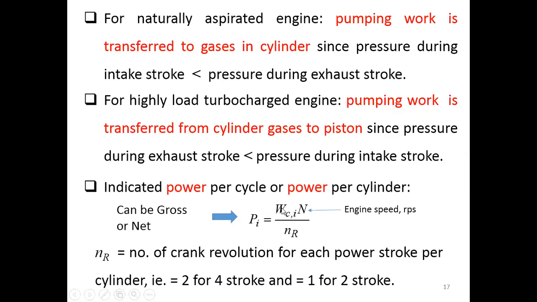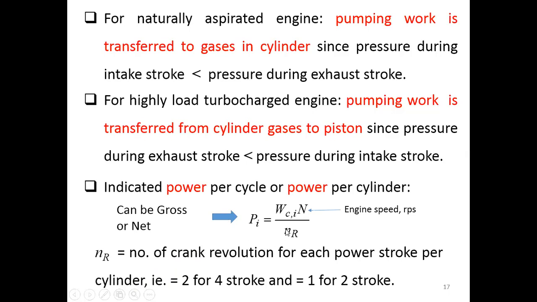This work has to be multiplied by the engine speed, in the unit of RPS, and divided by N sub R. What is this N sub R? It is the number of crank revolutions for each power stroke per cycle. Remember, we have 4-stroke and 2-stroke, right? For the 4-stroke, every 2 rounds of the crankshaft rotation, we get just 1 power stroke.